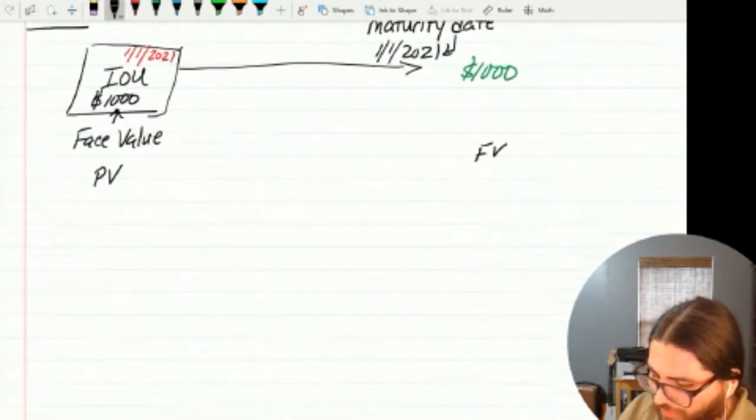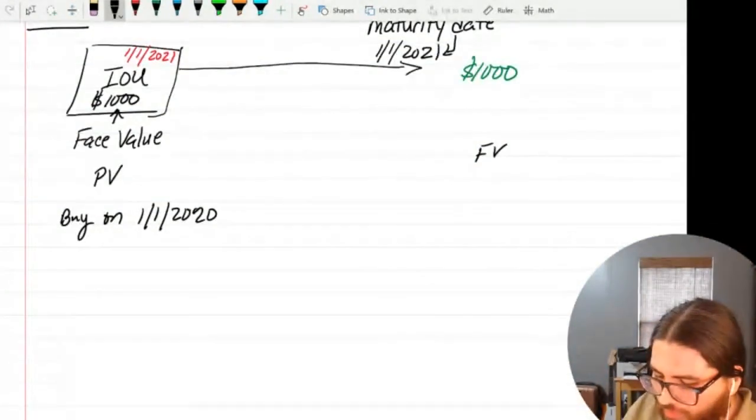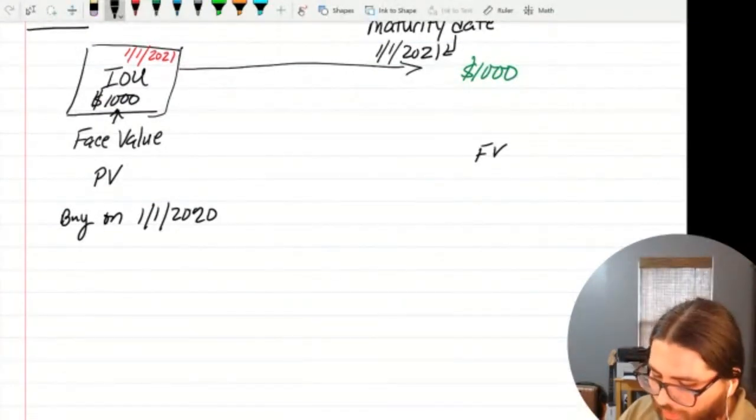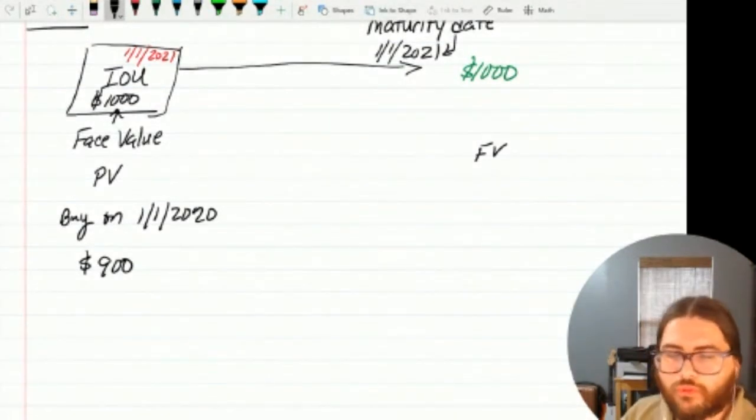And so let's say that I buy the bond, and I'll make it exactly 1 year to make the numbers nice and round. I'm going to buy this bond on January 1st, 2020, and I buy this bond for $900.